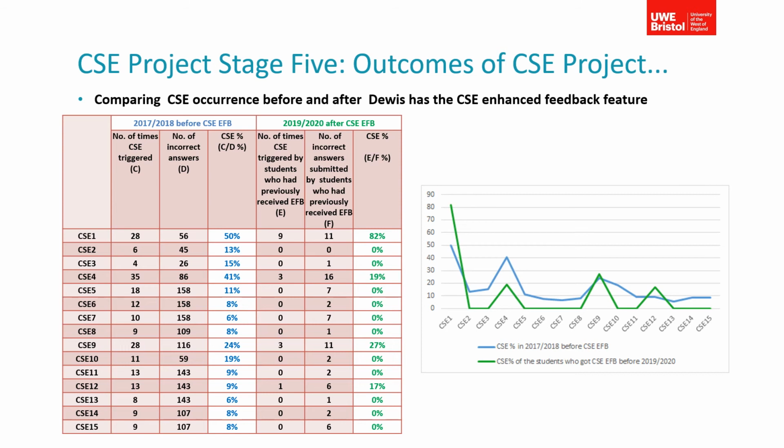However, if you compare the number of CSE occurrences in 2017-18 with the number of CSE occurrences among the students who received enhanced feedback in 2019-20, you can see that the latter number is very low even for CSE 1, CSE 9 and CSE 12.